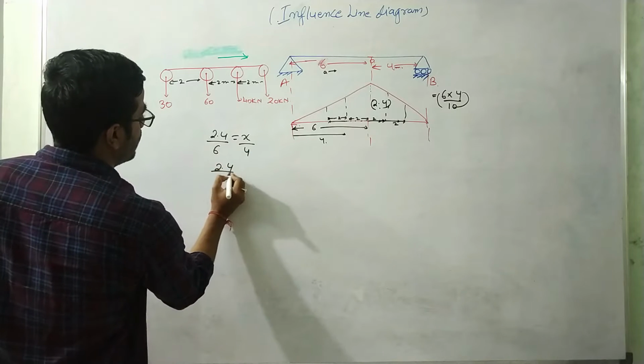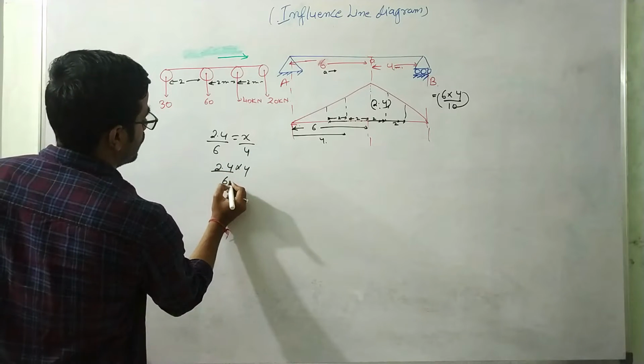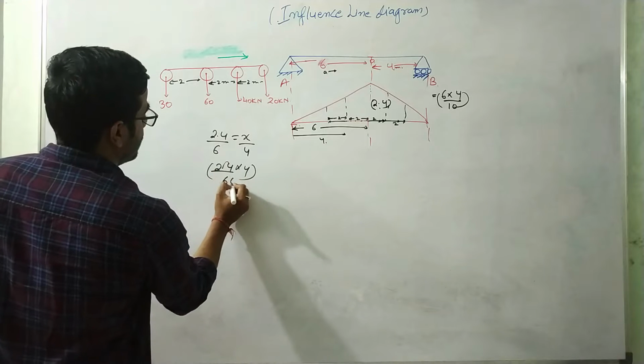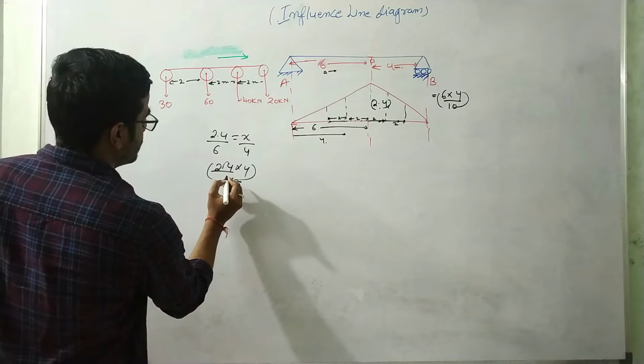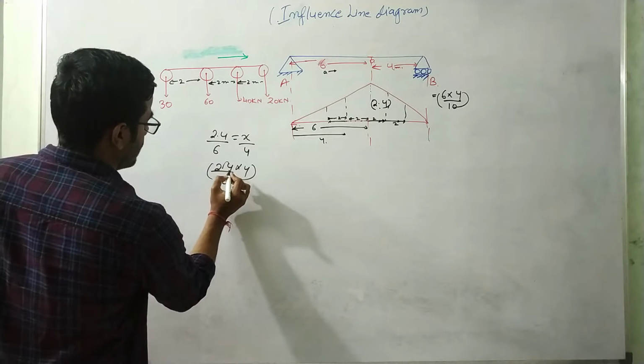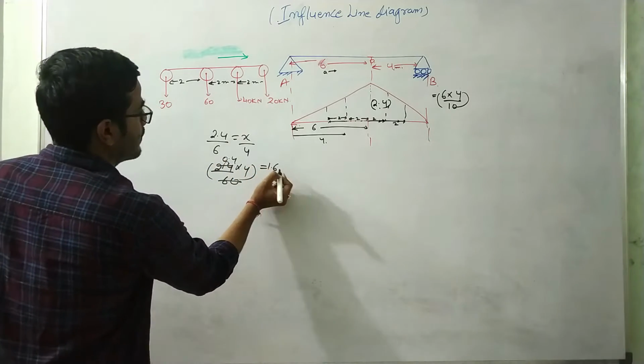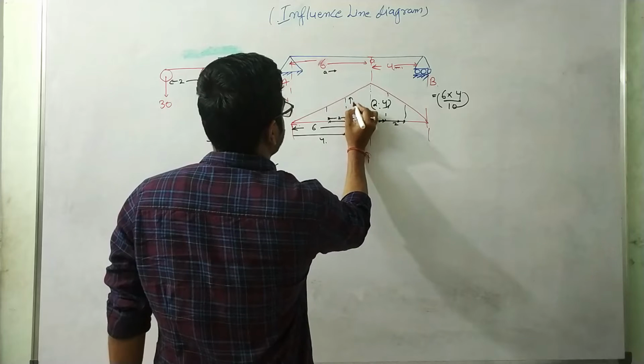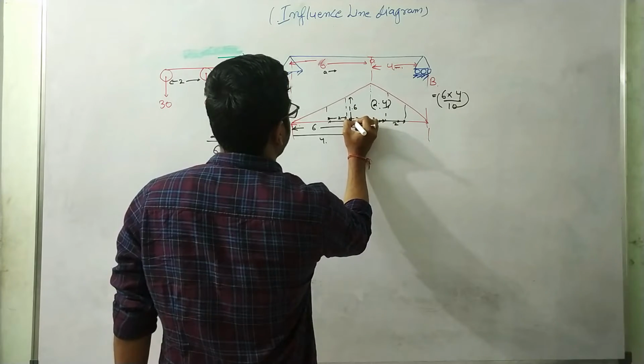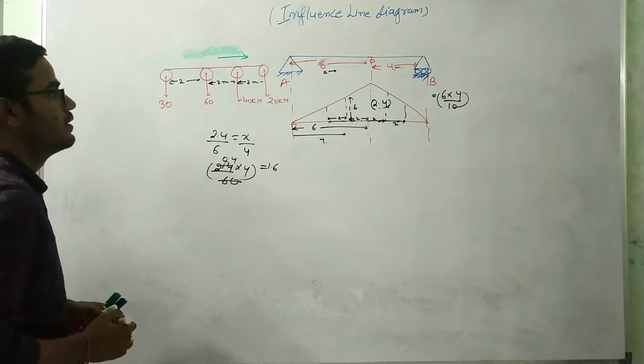This is 2.4 into 4 over 6, and the value of which will be 1.6. So this ordinate is 1.6.